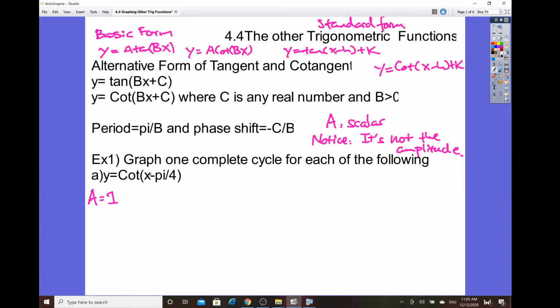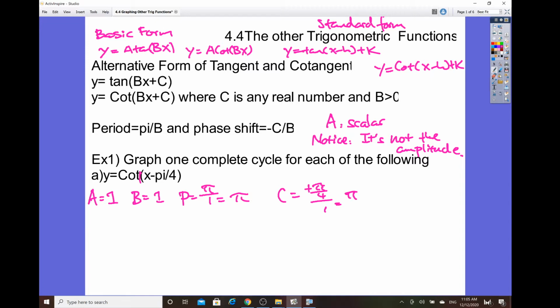And then the value b here, if it's not shown, it's already factored out, so it's 1. That means the period is pi over 1, which is pi. And then the value of c is negative pi over 4, divided by 1, so the phase shift is pi over 4.